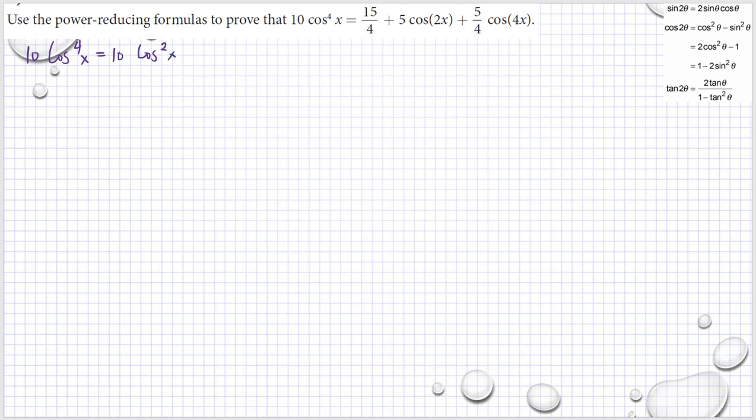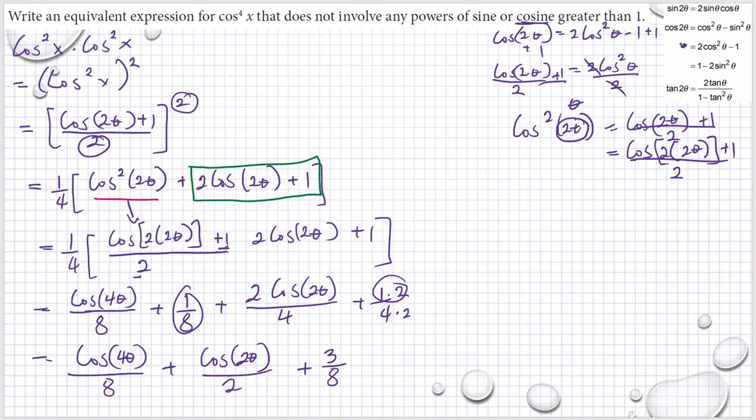cosine squared x, squared. And in my previous example, we got that cosine squared theta is equal to cosine 2 theta plus 1, divided by 2.